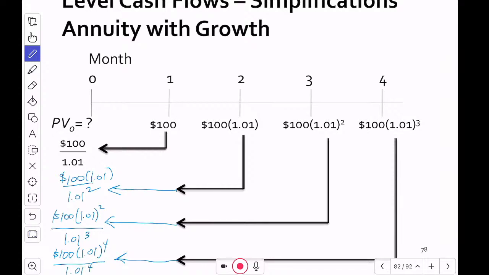So this, I leave it with the brackets. Like this is going to be $101, right? But I leave it in brackets because I just want to look for a pattern. I'll just make a note. You don't have to calculate them all. You don't need them. This would be 101.